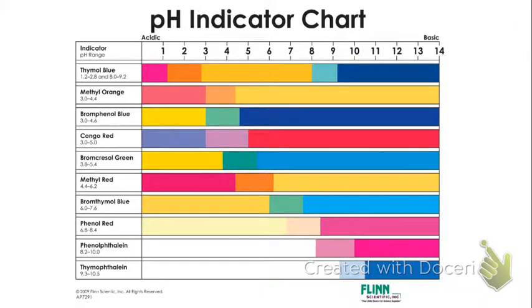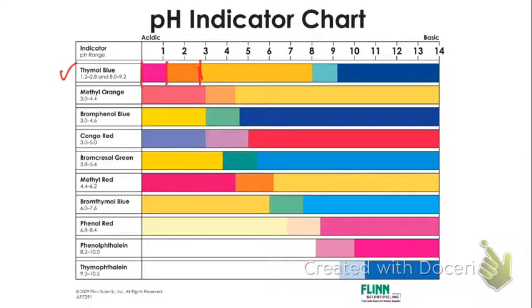For instance, Thymol Blue here, which is the first one, changes colors at various pH ranges. So at a pH of essentially 0 to 1, it's a pink color. By the time it's just over 1, and before it hits a pH of 3, it will have a kind of darker orange color.